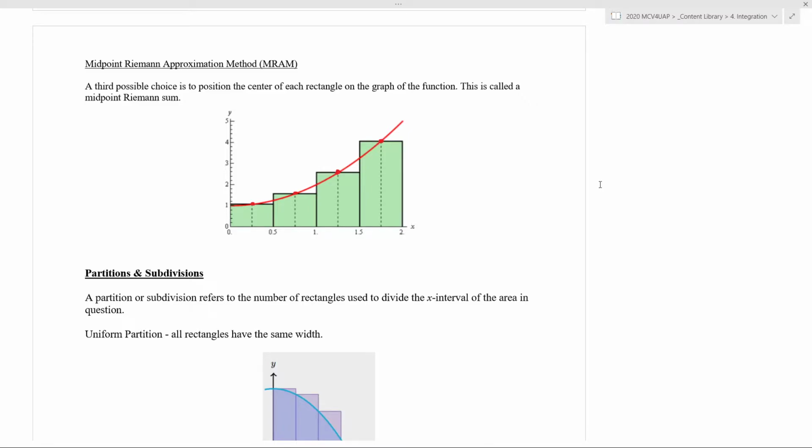So it's not the left or right corner, but it's right in the middle of that width that you line up with the curve, and that forms the height. So you could write this as H1, this would be H2, this would be H3, and this would be H4. And they all line up in the middle of each rectangle.